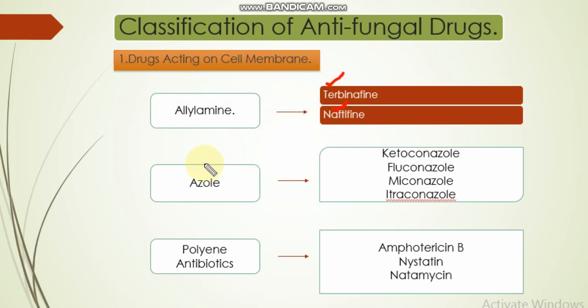The second class is the azoles, and examples are ketoconazole, fluconazole, miconazole, and itraconazole. The third class of drugs acting on the cell membrane is the polyene antibiotics, and examples of this type of drug are amphotericin B, nystatin, and natamycin.